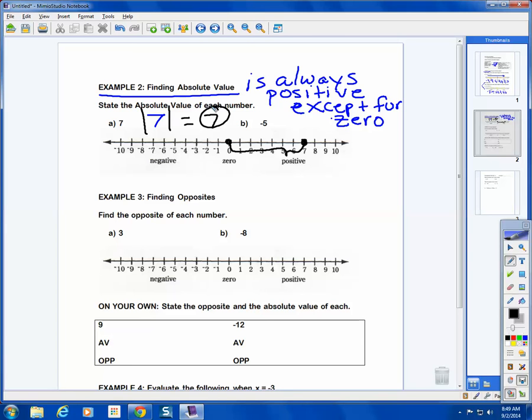What's the absolute value of -5? How far is this distance? It's 5 units. So the absolute value of a negative will be positive. The absolute value of a positive will still be positive. The only time you won't have a positive value for absolute value is when it is 0.